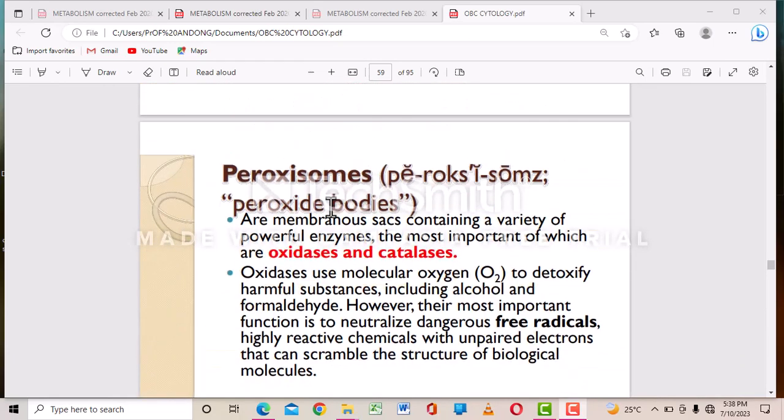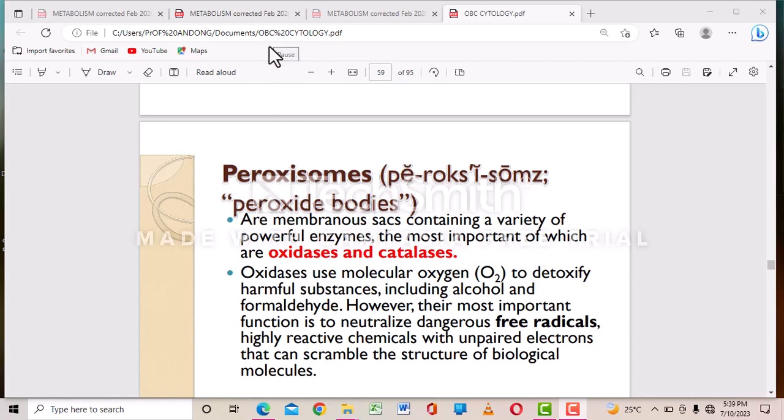Now peroxisomes. Peroxisomes are also membrane-bound organelles that contain two enzymes, that is oxidase and catalase. It must be noted that in the absence of oxygen, the mitochondria begin to produce reactive oxygen species, that is free radicals.